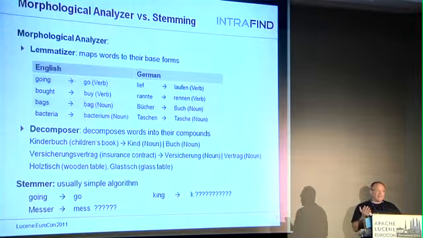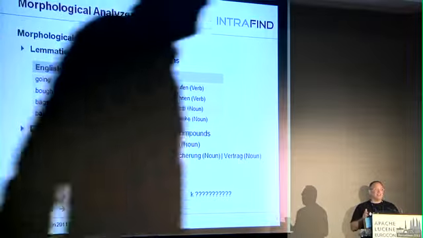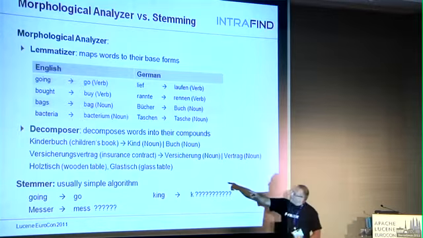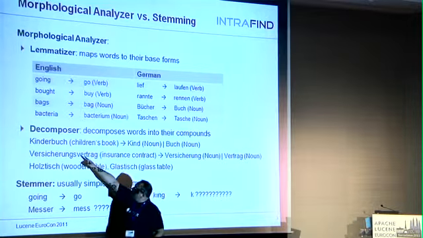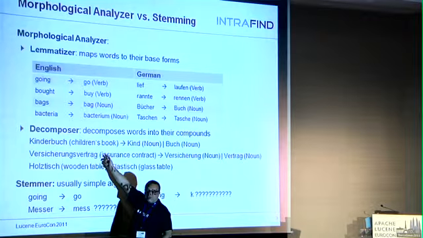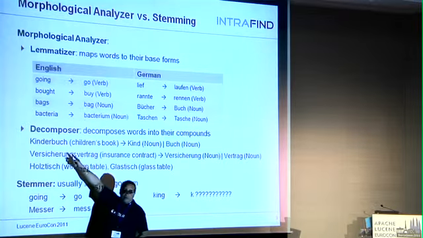And you have another phenomenon in languages like German and Dutch: compound words. That means these languages allow you to attach several short words to each other. Like, for example, this word shown here, Kinderbuch, which means children's book. In English you typically have 2 words, a noun phrase, but in German it's 1 word.